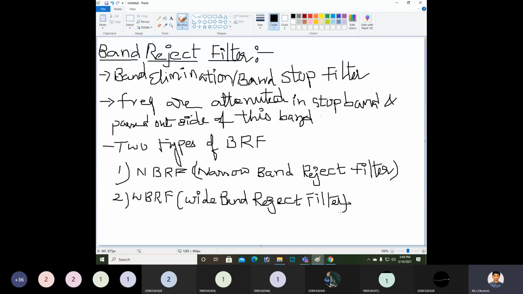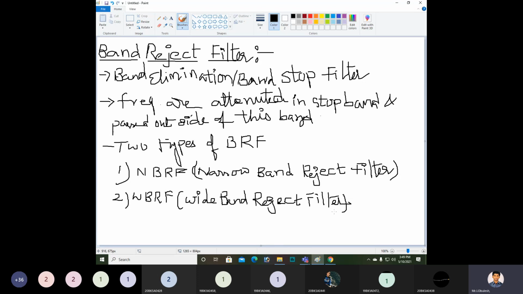Up to now clear? So band reject filters are classified into two types. The first one is the narrow band reject filter and the second one is the wide band reject filter.